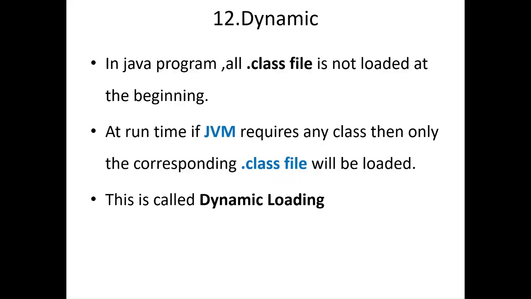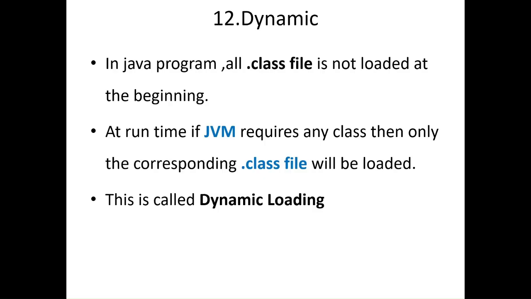And Java is dynamic: in a Java program, all the .class files are not loaded at the beginning itself. In a Java program, there may be multiple classes. After compilation, you'll get multiple .class files. The JVM will not load all the .class files into memory immediately.